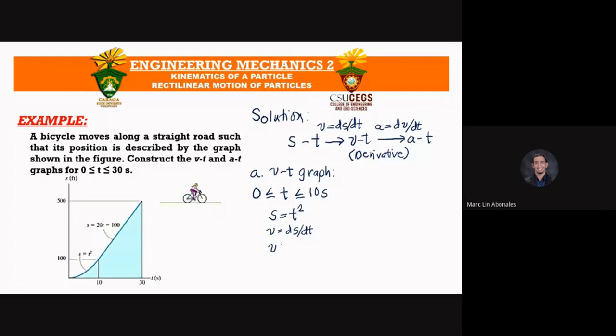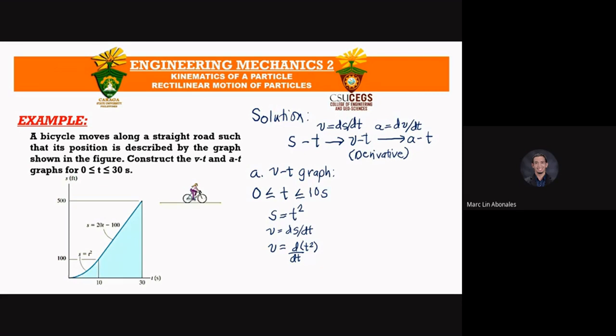So v is equal to d over dt, then you substitute the equivalent of S. Why derivative? Because, as you can see in my solution, what we perform here is a derivative, since there is no d and v is the variable, and it is a derivative of a function t squared with respect to time.